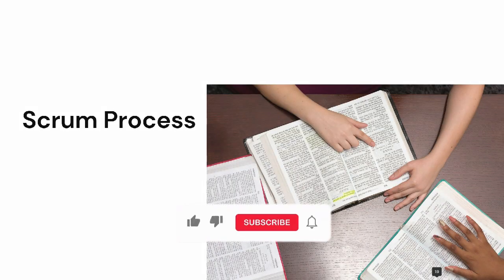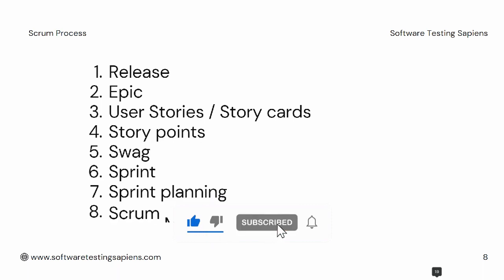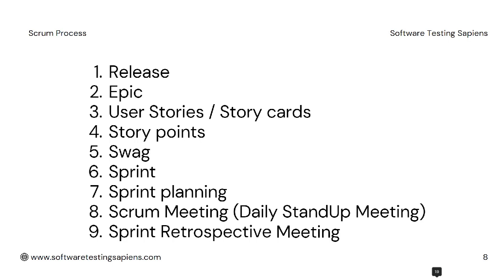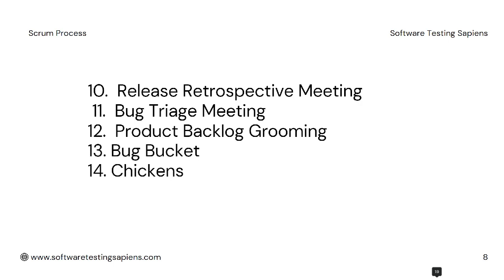So let's see the Scrum process. Here we can see 15 terminologies in Scrum process. First one is release, second epic, third user stories, also called story cards, fourth story points, fifth swag, sixth sprint, seventh sprint planning, eighth Scrum meeting, also called daily stand-up meeting, ninth sprint retrospective meeting, 10th release retrospective meeting, 11.